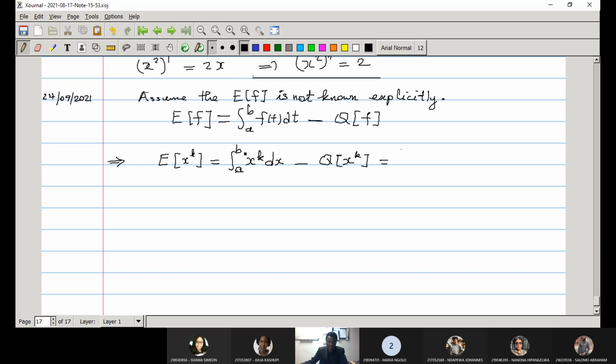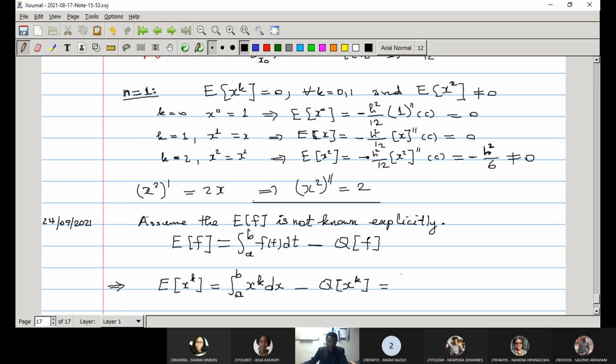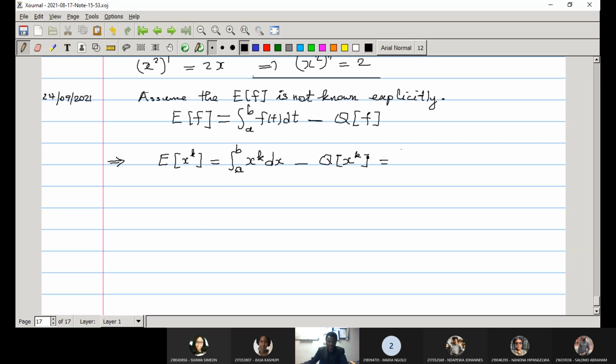We say k would take the values 0, 1, only two values, and 2 will be the last one to show that it's non-zero. k cannot be -1, right? So I can use this.